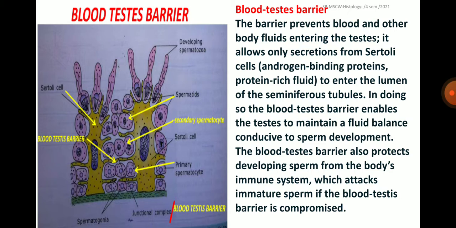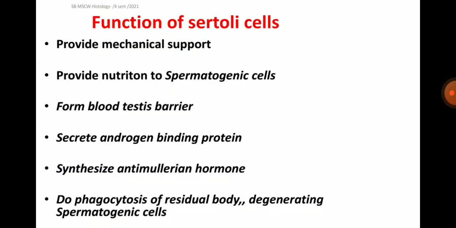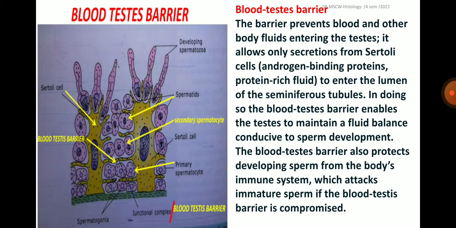You must be remembering the blood-brain barrier. Like that, here it is the blood testis barrier, which tries to prevent the blood and other body fluids from entering the testis. It allows only secretions from Sertoli cells, such as androgen binding proteins, protein-rich fluids, etc., to enter the lumen of the seminiferous tubules.